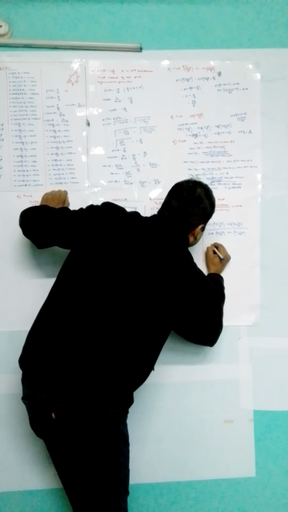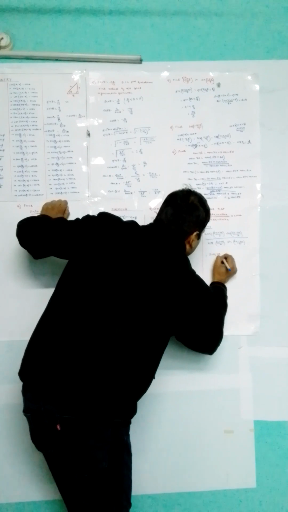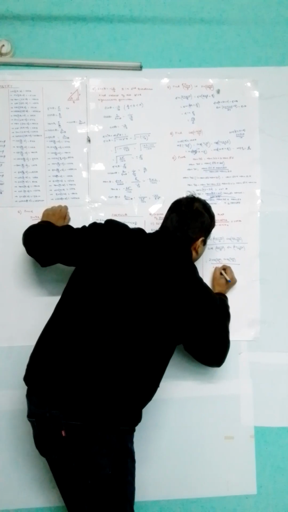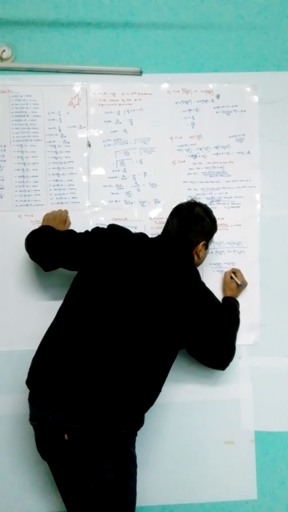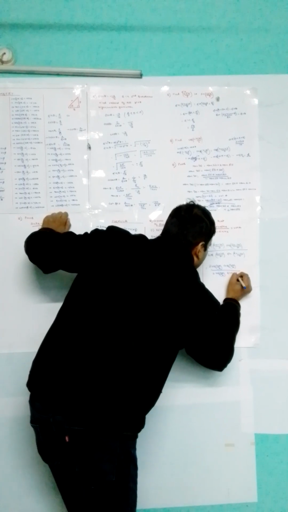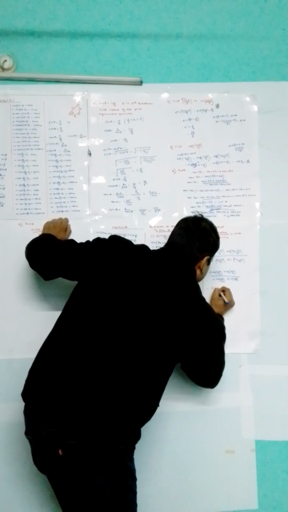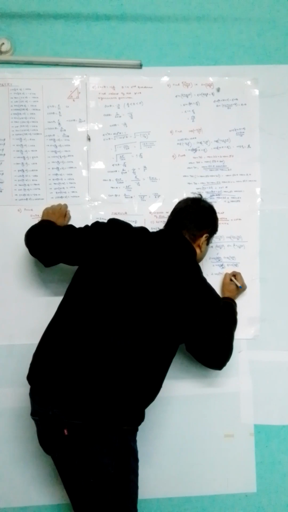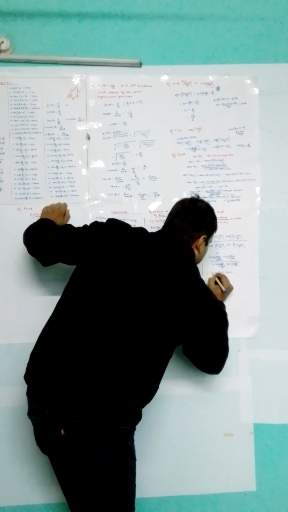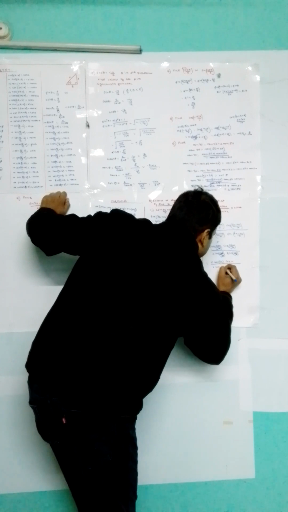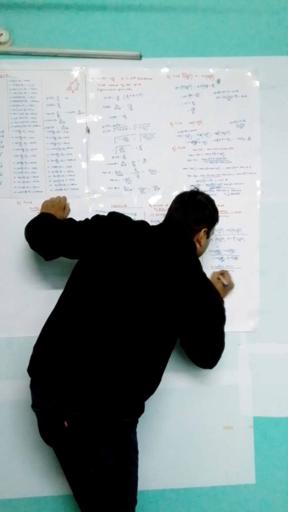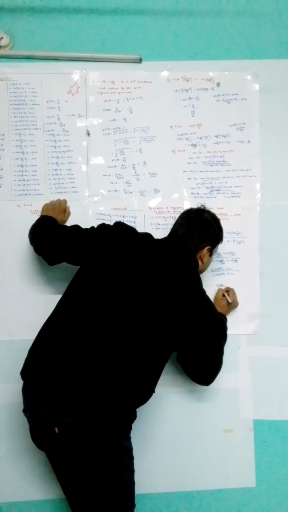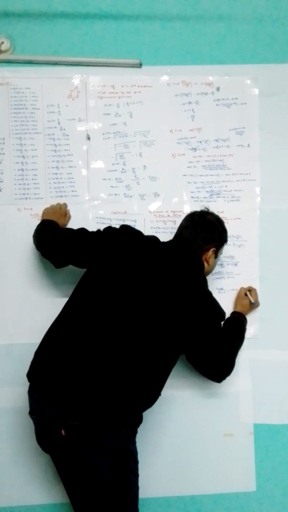What will happen, 2 cos(10x/2) cos(2x/2) upon 2 cos(10x/2) sin(2x/2). Next, this will get cancelled out. 5, 2 cos 5x cos x, this gets cancelled out, 2 cos 5x sin x, this gets cancelled out. Cos x upon sin x, not cos 5x, by mistake I wrote that. Cos x upon sin x equals cot x, RHS.